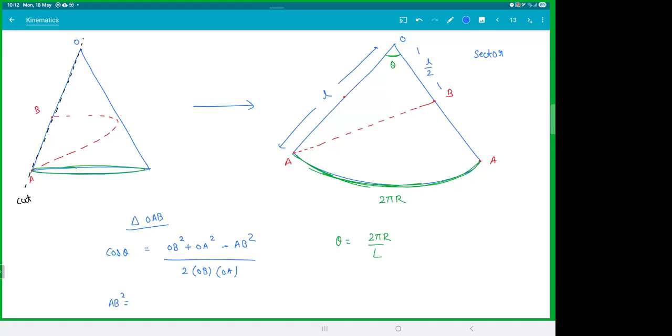We get AB square is equal to OB square, which is L square, plus L square by 4, minus 2 times L square by 2 times cos theta. That would be AB is equal to L into root over 5 by 4 minus cos theta. That's your answer. And theta is this. If numbers are given, you could have substituted them.